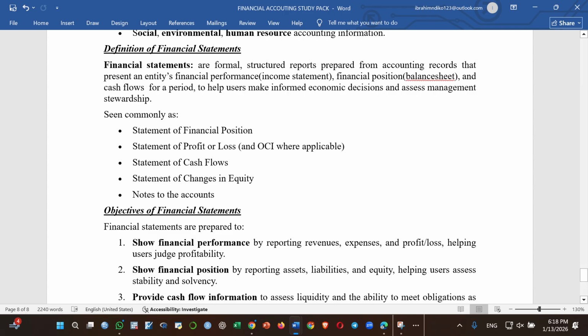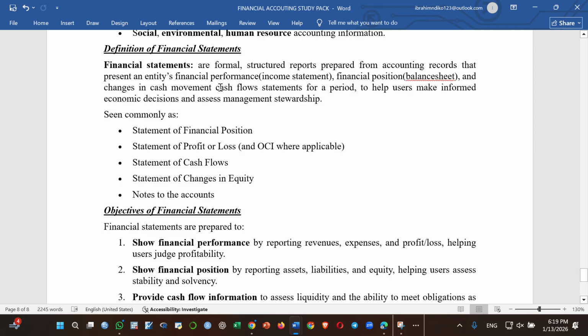Now we can also say cash flow statements. So this is a structured report that is prepared from the accounting records, which presents the financial position, financial performance, and changes in cash movement.